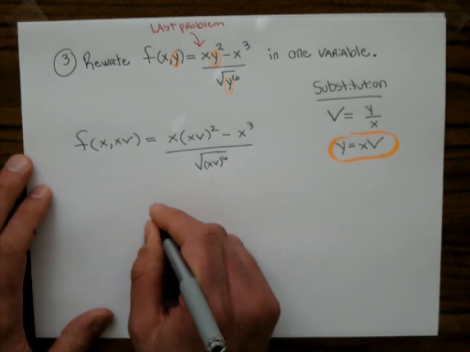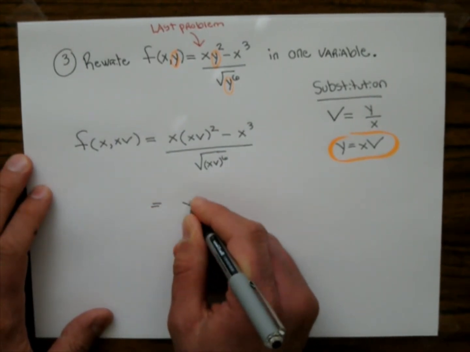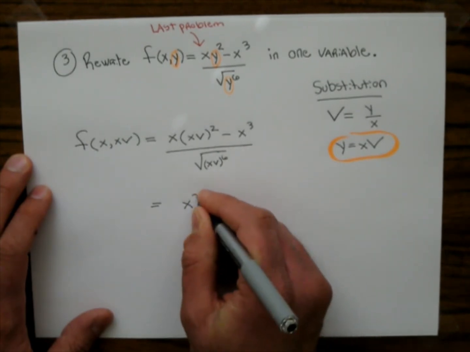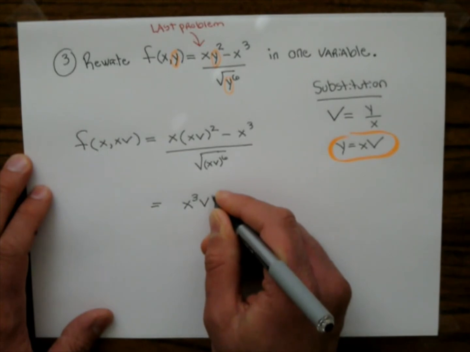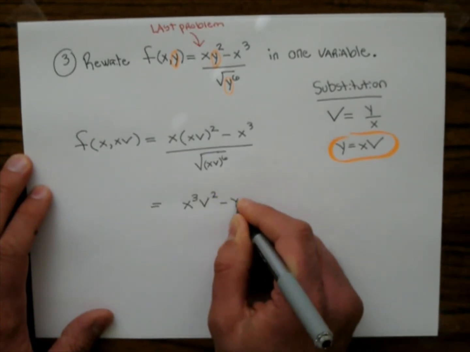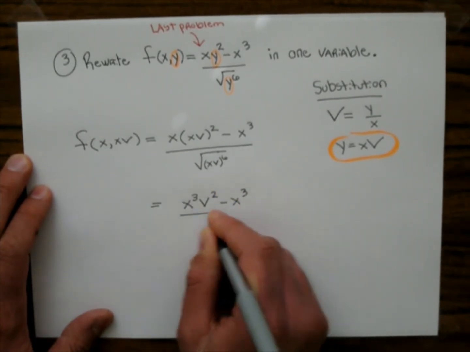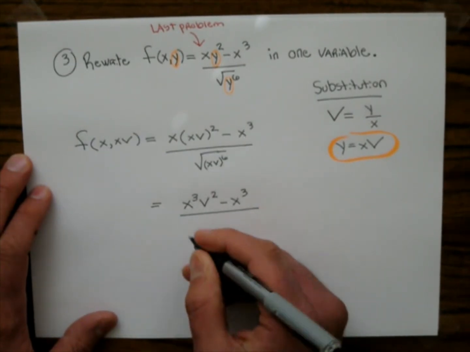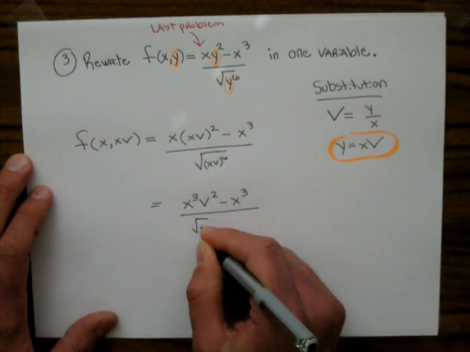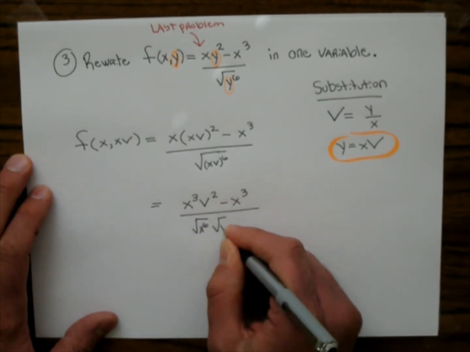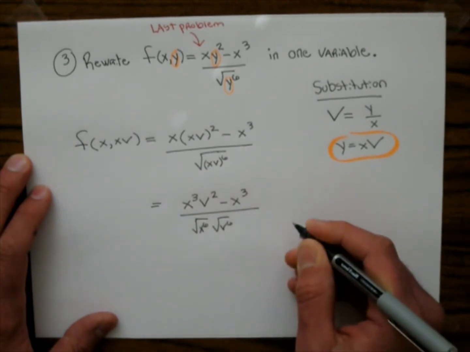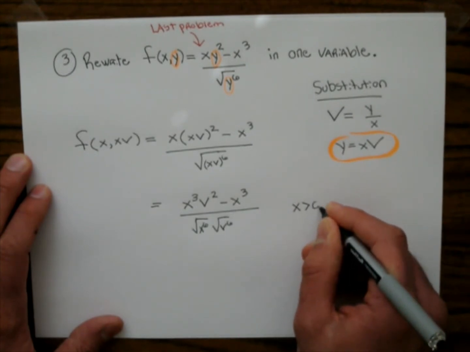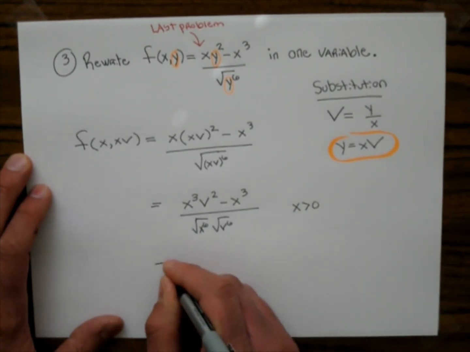Okay, so what I have then is x squared there, v squared, so there's going to be x cubed, v squared minus x cubed. This is all over the square root of x to the sixth times v to the sixth. To continue, we're going to assume that x is greater than 0, so we won't have the absolute value.